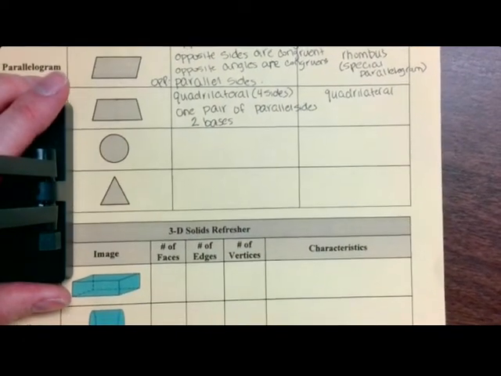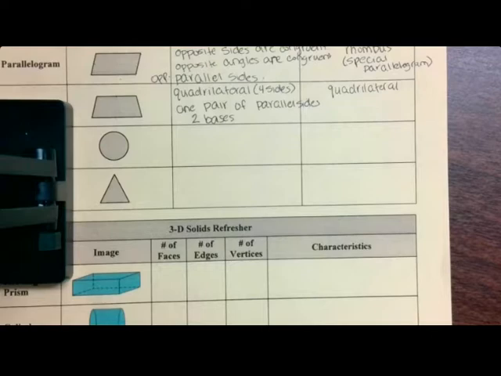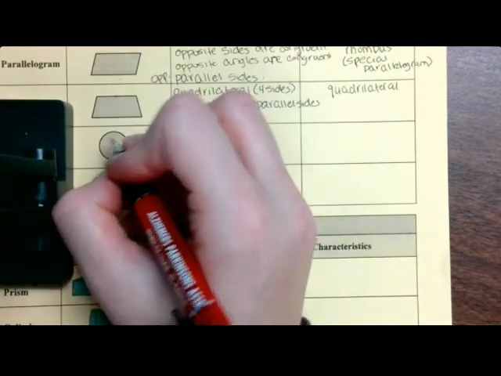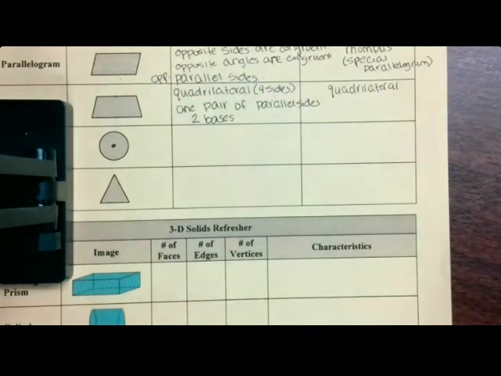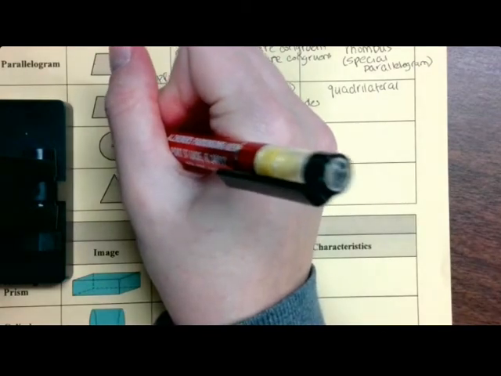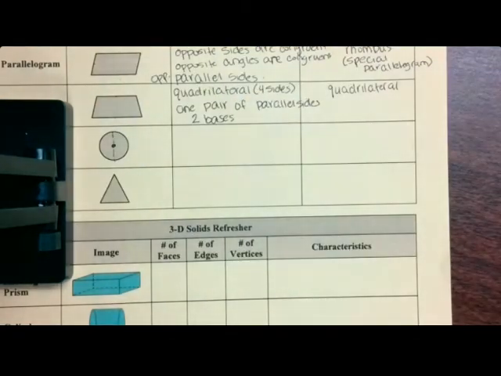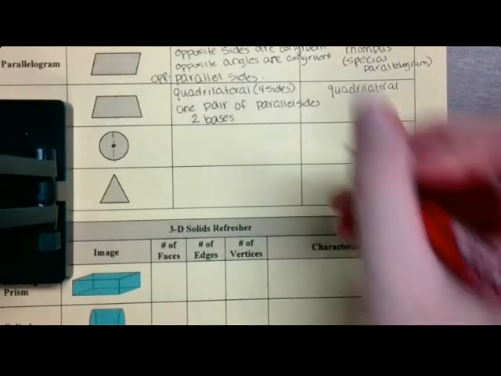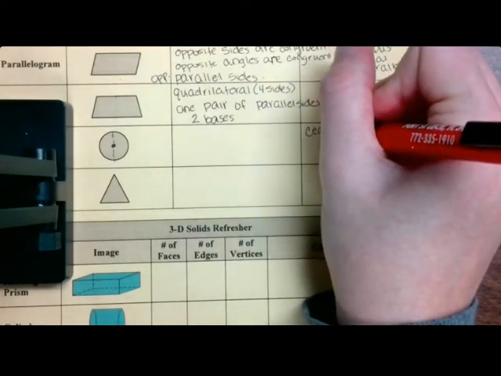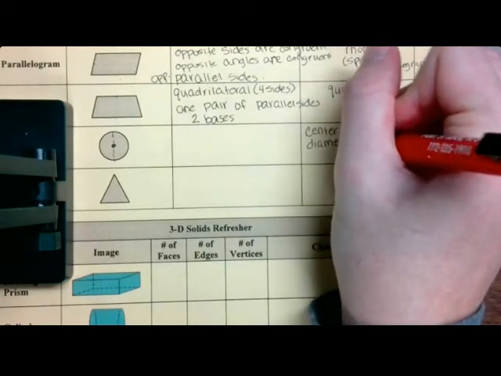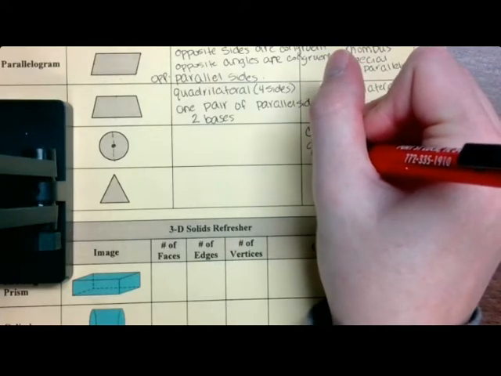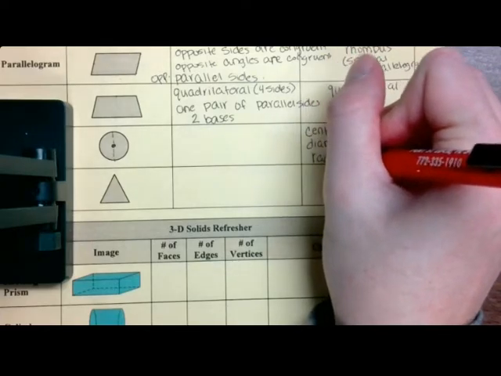Okay? So now we are looking at the next one, which is a circle. So if you know anything about circles, they have a center. If you go all the way across through that center, that is called the diameter. So the related terms is what we're going to do first. So we have a center, we have a diameter, we have a radius, right?